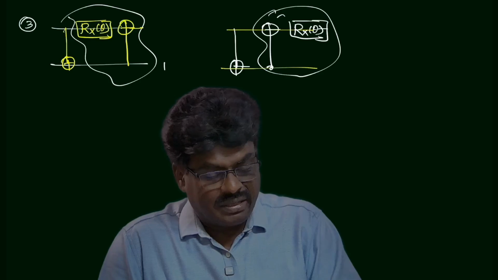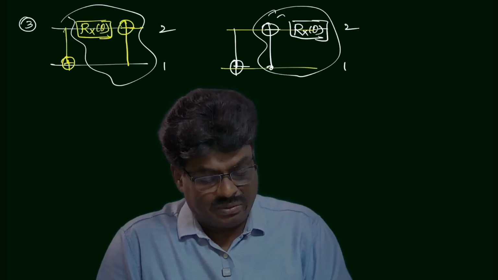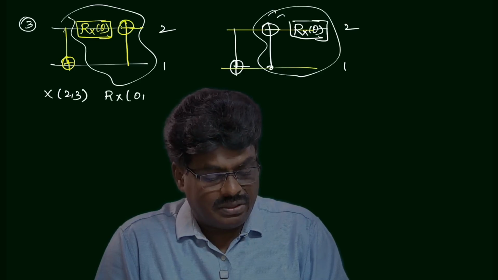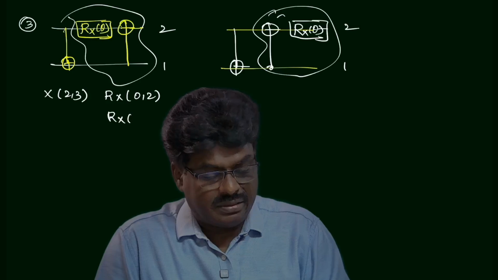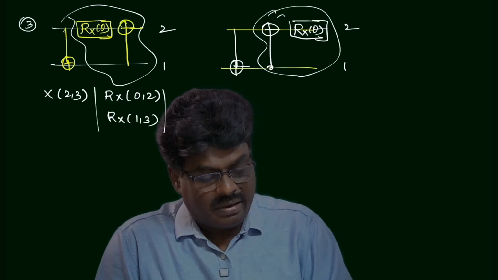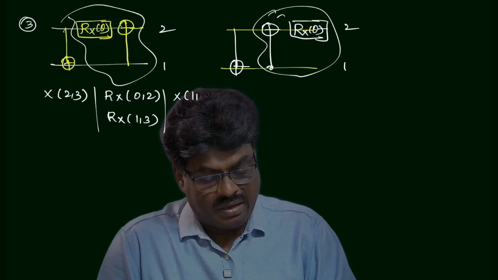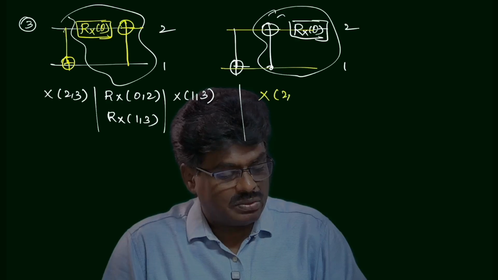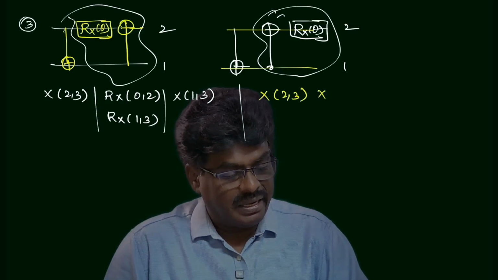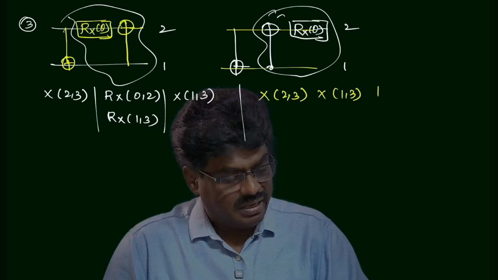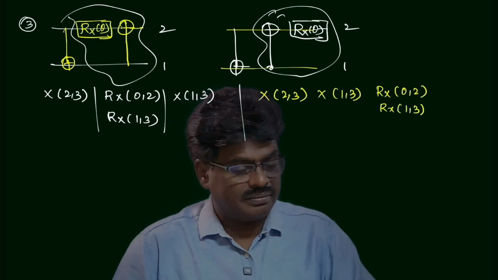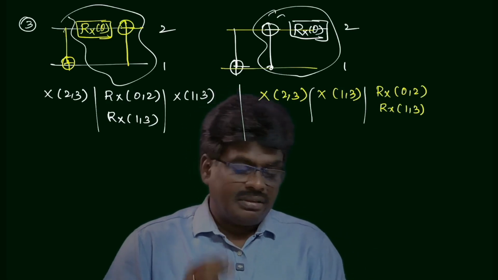So let us say 1 2. So this is x 2 comma 3, rx 0 comma 2, rx 1 comma 3 and x 1 comma 3. This one x 2 comma 3 and again x 1 comma 3 and again rx 0 comma 2 and rx 1 comma 3, like this.